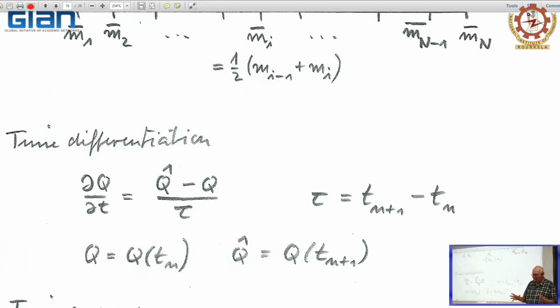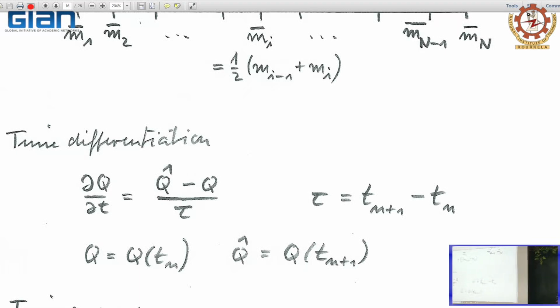So this is the simplest way to represent the time derivative of a quantity numerically: the differentials are replaced by differences.